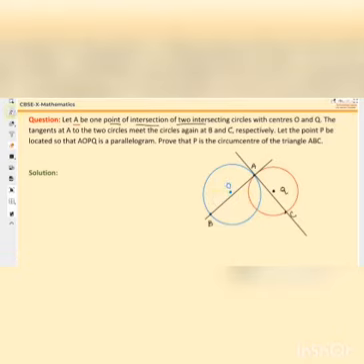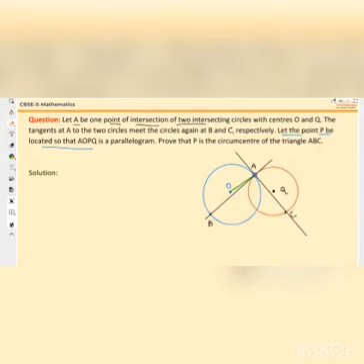Now what they are saying is, let point P be located so that AOPQ is a parallelogram. So you need some point P here such that AOPQ becomes a parallelogram. That means they want to join these two lines. So let me try to join this.